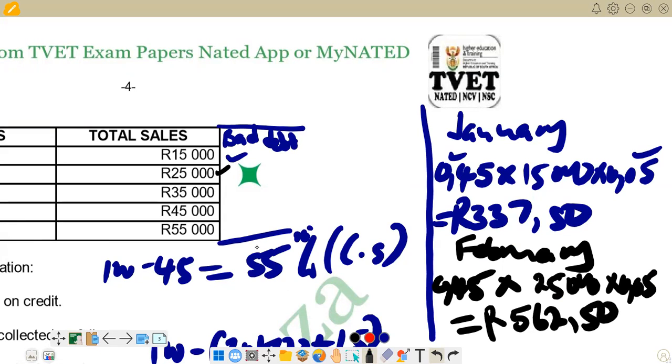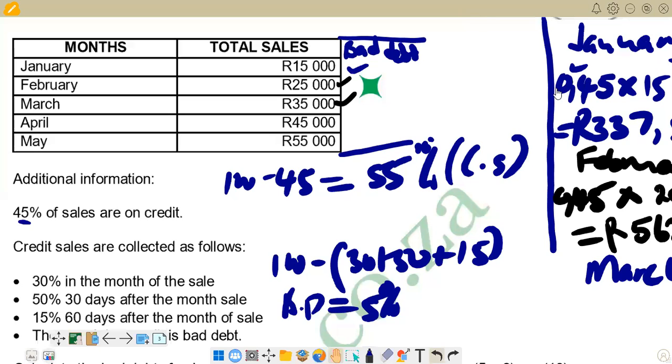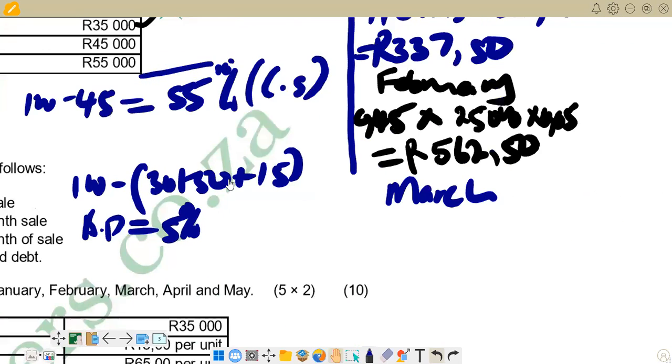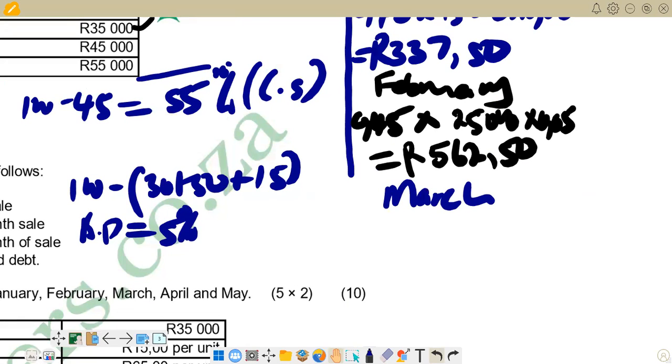Then for March, we are supposed to use this figure, which is 35,000. Right, so now we are in March, and we are using 35,000. So we come here, we say 0.45.